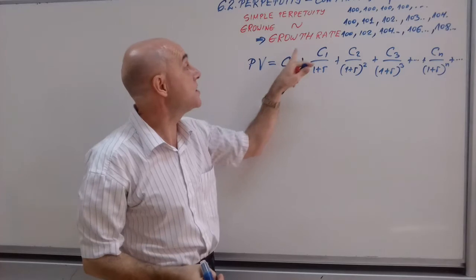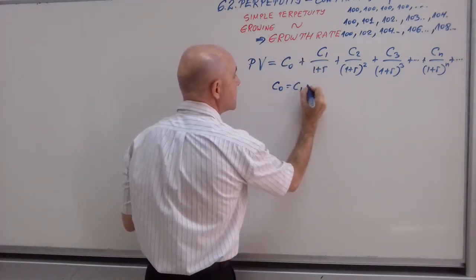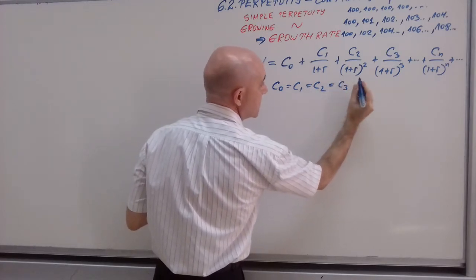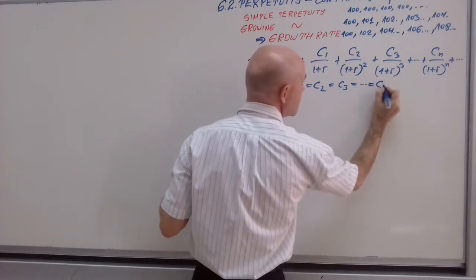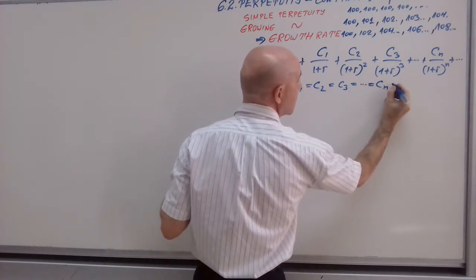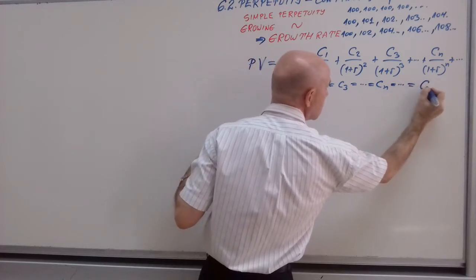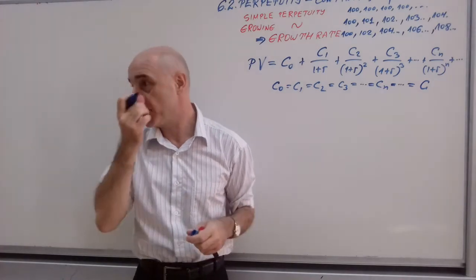And then C0 equals C1 equals C2 equals C3 equals dot dot dot equals Cn equals dot dot dot equals C, which is just the coupon, the payment, okay?